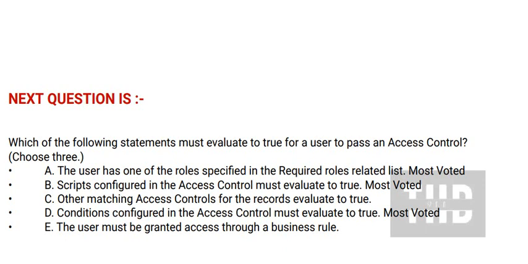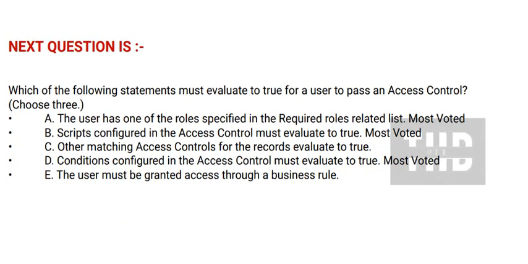Option C: other matching access controls for the records evaluate to true. Option D: conditions configured in the access control must evaluate to true. And option E: the user must be granted access through a business rule. And the correct answer is option A.